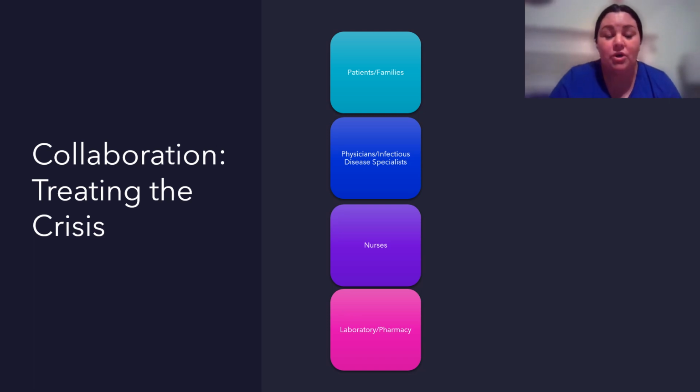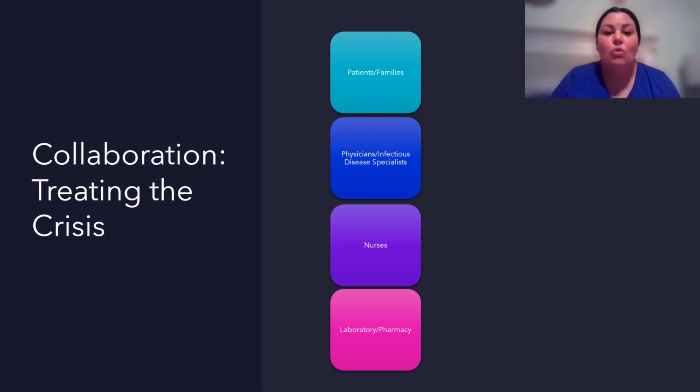So it's going to be important that Matt collaborates with his nurses on the unit and his other members of the healthcare team to ensure that treatment is being delivered timely and effectively, and that treatment is very individualized. Finally, I feel that Matt should collaborate with the lab and the pharmacy to ensure that lab work is processed in a timely fashion, particularly renal function or culture and sensitivity results, so that way treatment can be delivered to each patient.